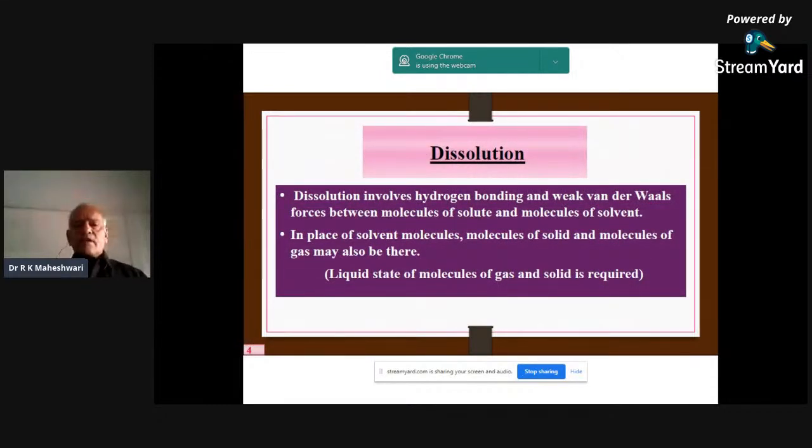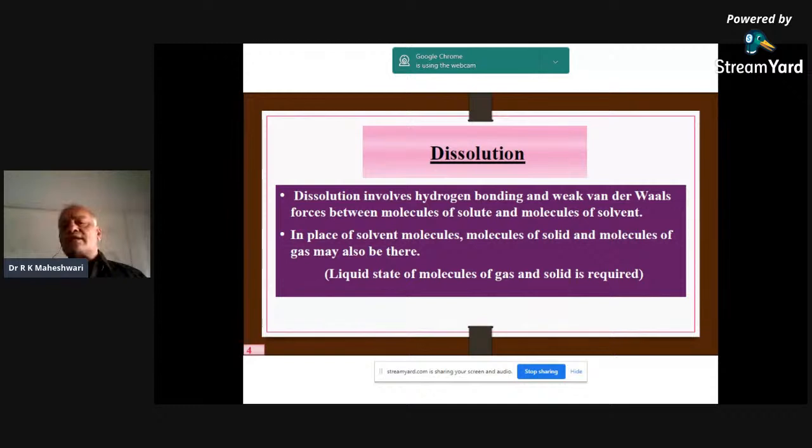Firstly, I would like to tell you that the mechanism of dissolution is very simple. What happens in dissolution? When you dissolve something in a solvent, for example sodium salicylate, ascorbic acid or dextrose in water, the dissolution involves hydrogen bonding and weak van der Waals forces between the molecules of solute and molecules of solvent.